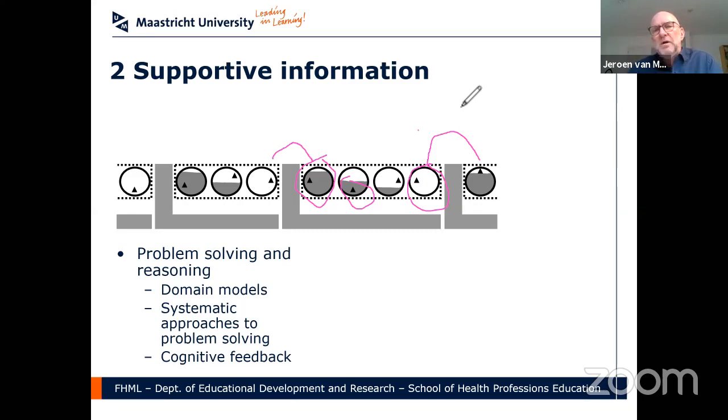When I'm dealing with a patient, I must first do my diagnosis, do my physical examinations, do the intake interview, ask for laboratory results, make a treatment plan, evaluate the effects of the plan. So there is a systematic approach. That's also part of the supportive information. It's something you should know in order to be able to perform the tasks.